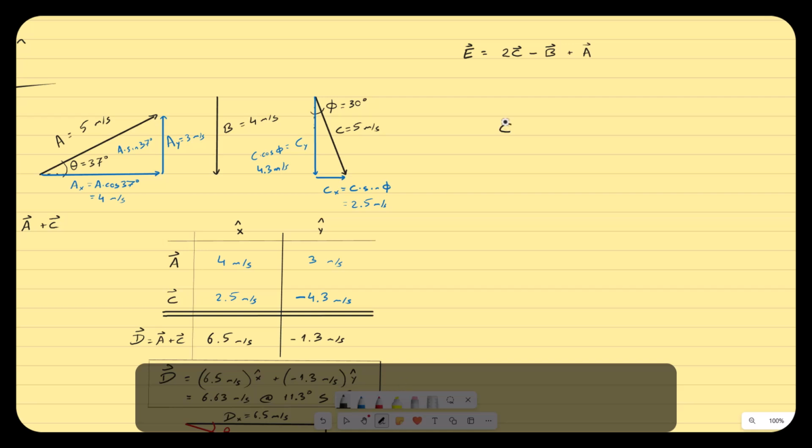Vector C, vector B, vector A. And then I will put my X and my Y, and then I'm going to put my ending definition. E is 2C minus B plus A. It's a lot, but it's a lot on purpose.